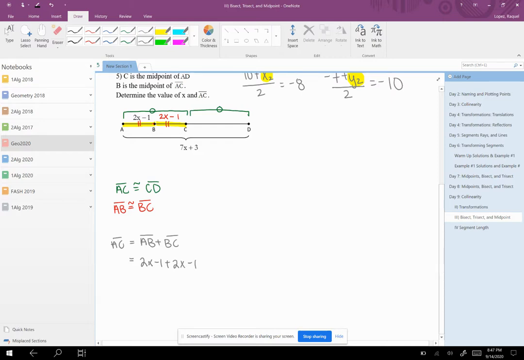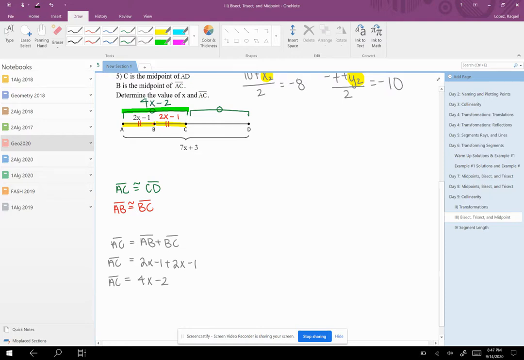Now I've got an expression for AC, and I can combine like terms. So AC equals 2x plus 2x, that's going to be 4x minus 2. So this whole thing that I just highlighted in green has the expression 4x minus 2.